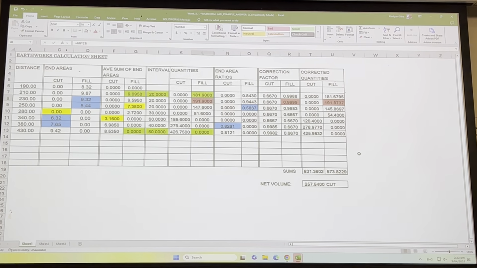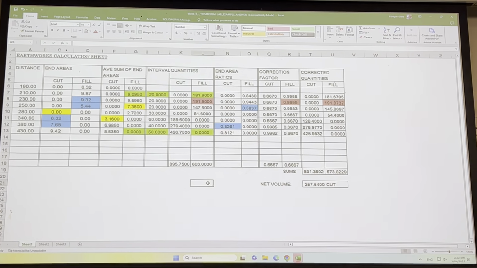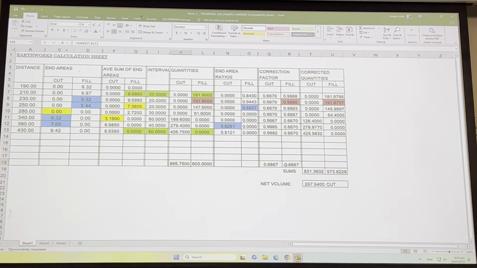Okay, so obviously the bottom is the total of the last columns, and you'll probably find that if I total these up, let's total these up, shall we? So if I total those up, that comes to 895, that comes to 831.